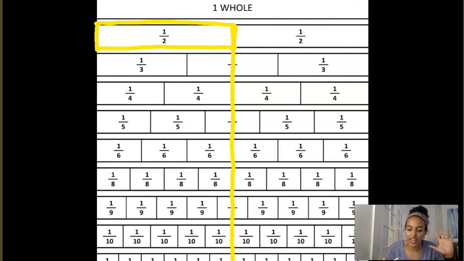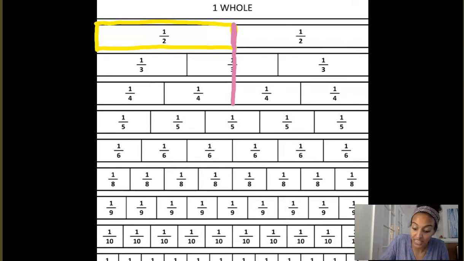For example, let me draw that line again so you can see. Okay, I have 1/2. I'm going to go to the end of the box where it ends right here, because that's going to tell me the amount of space it's taking up. And I'm going to see which fractions it lines up with perfectly.